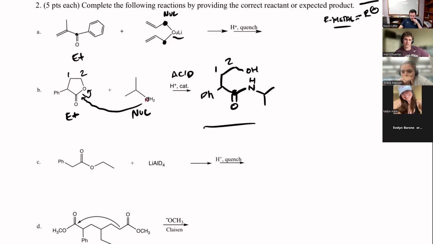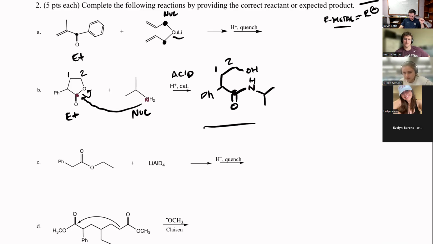This nitrogen bonds to this carbon, right, in your product. It is coming out of the same carbon. I'm confused.